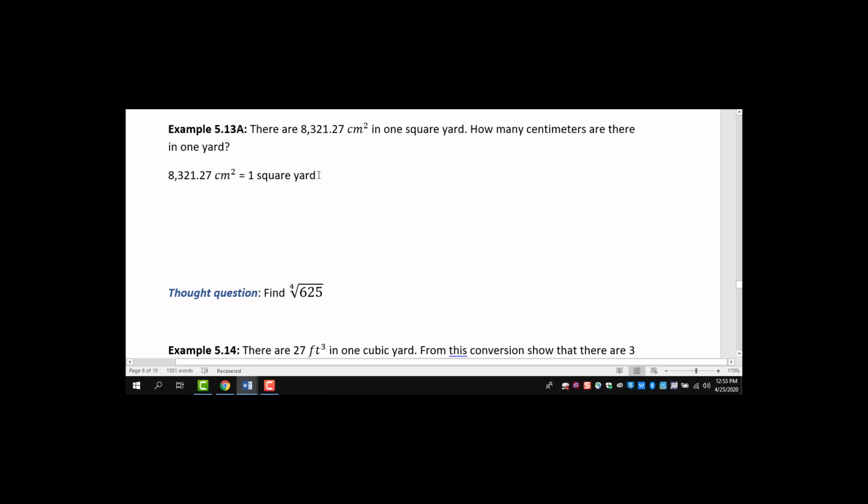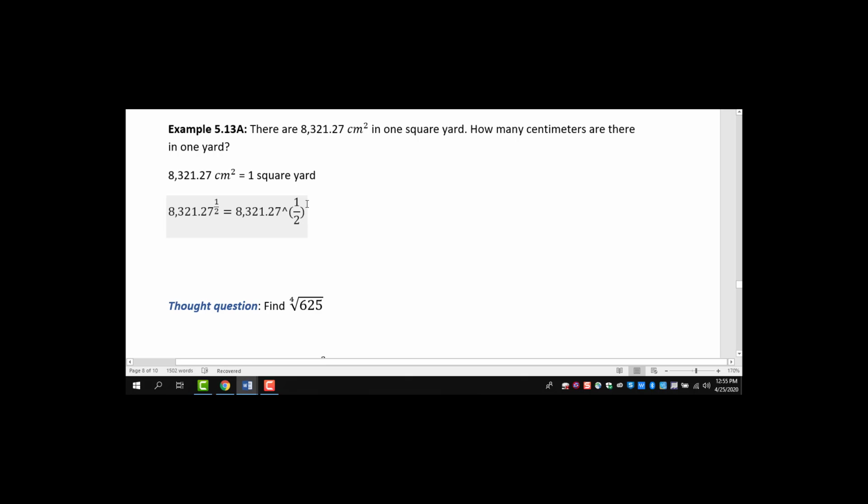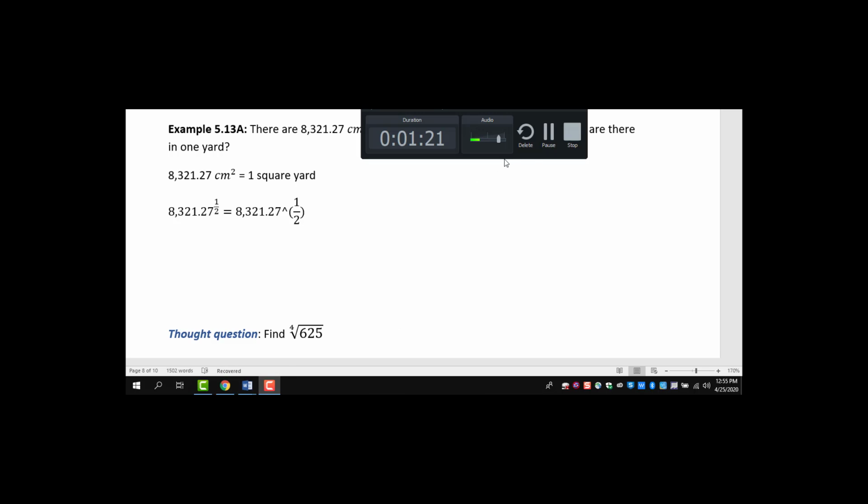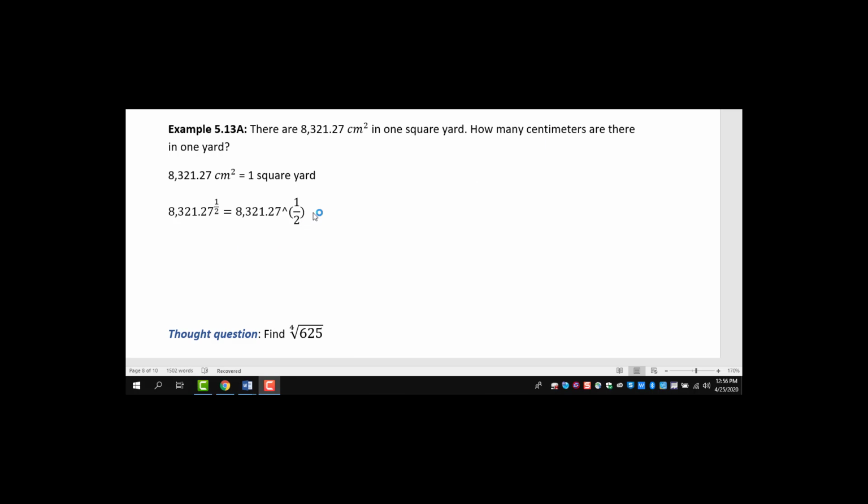Well, the square root of 1, well, let's do this one first. Let's take the square root of this. On your calculator, you should have a square root key, or otherwise you can do it this way. Just like this, this is how you might put it in your calculator. Raising to the 1/2 power is the same as taking the square root.